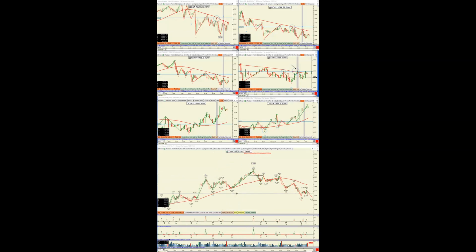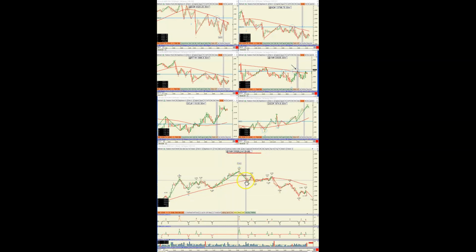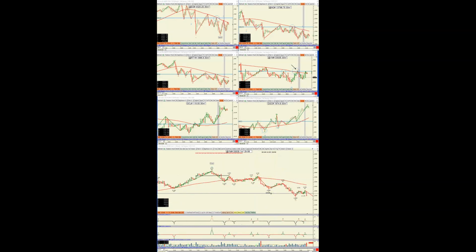Without getting into too many of the nuances, this is the climax, this is the selling pressure, bang, 1, 2, 3, attempts to go high. What is this doing? It's building like a little base, and this was the reversal, right there. And of course it had follow through, which did what? Initiated breakdown.